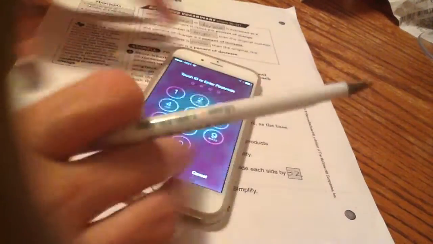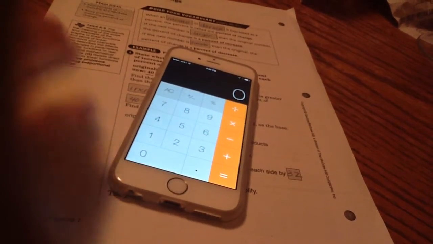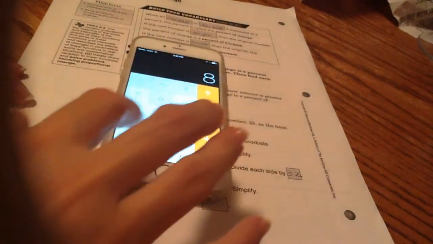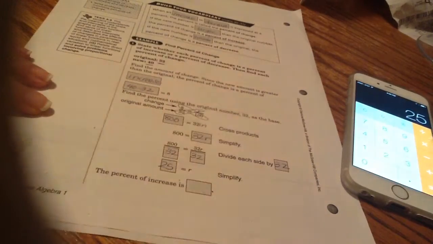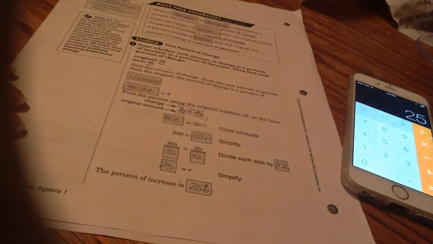When we divide, we take our calculator. 800 divided by 32 is equal to 25. So our answer is 25, and we express it as a percent. It's a 25% increase. The percent of increase is 25%.